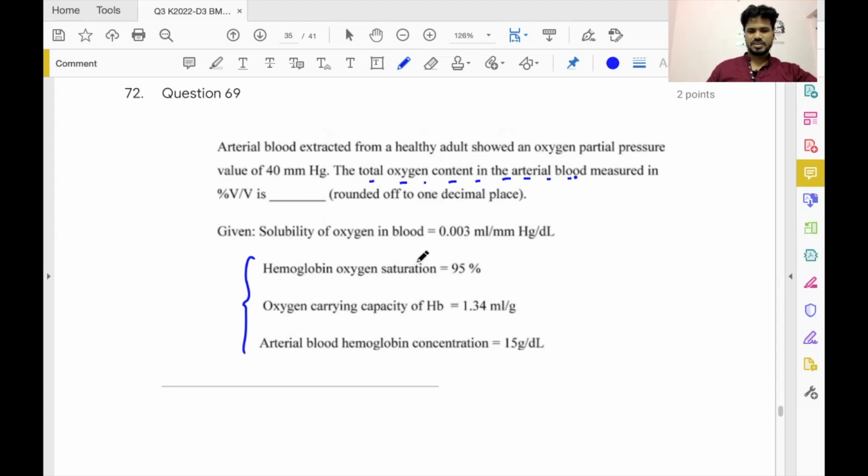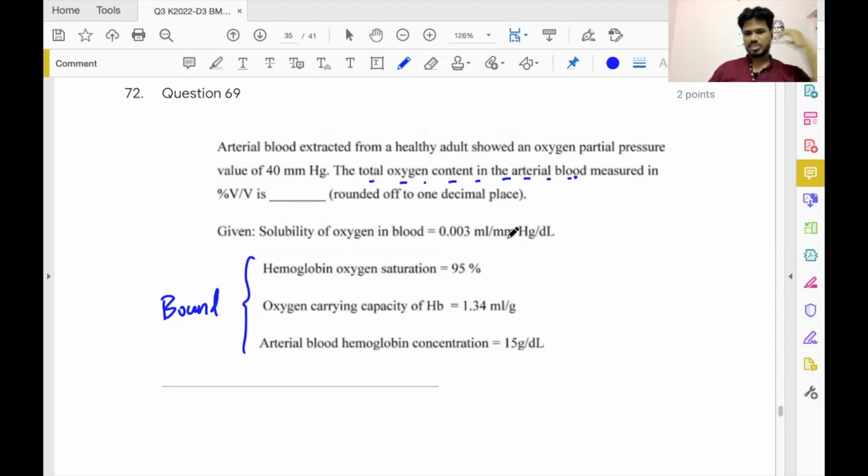Of that, the oxygen carrying capacity is 1.34 ml per gram, and its efficiency is 95%. So from this we can say what the bound oxygen content is. Some of that will be dissolved.